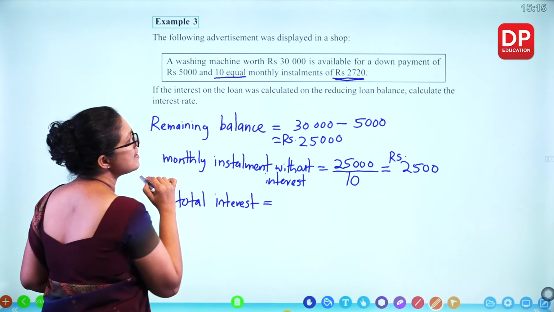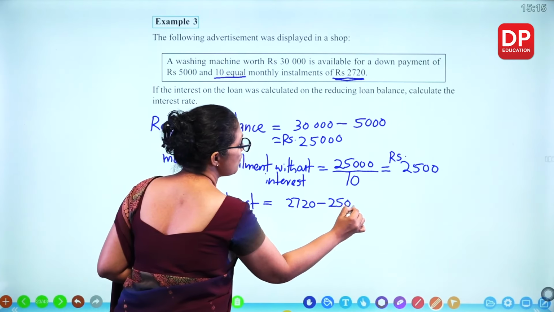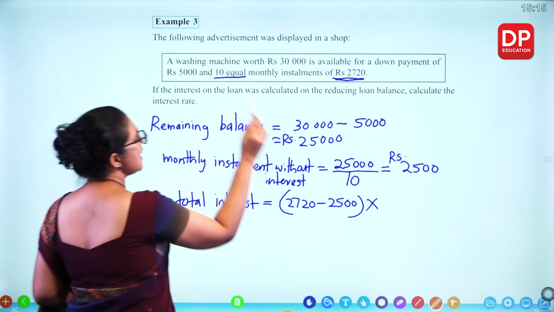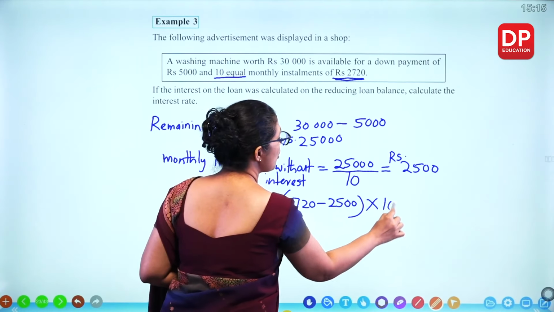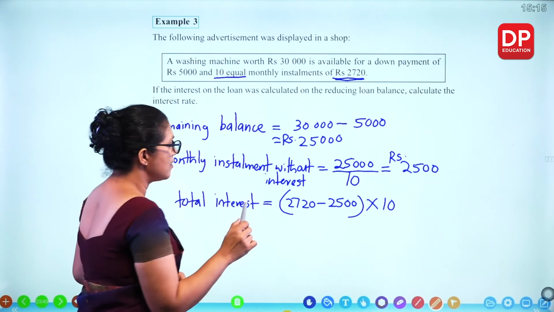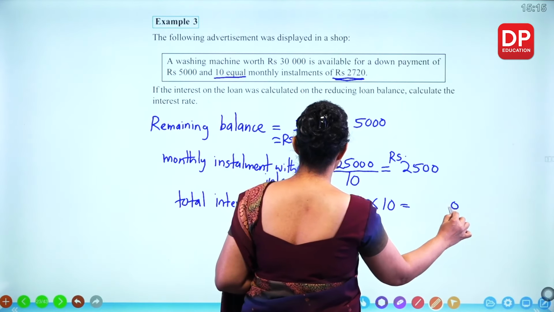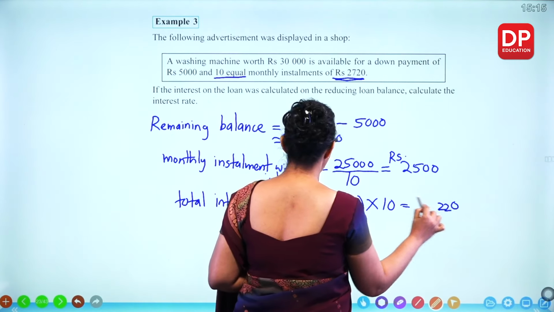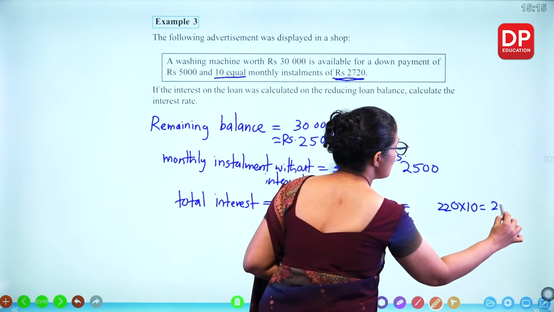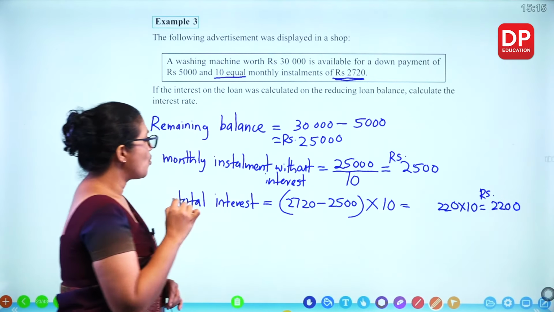Total interest is the difference between this and 2,500, multiplied by 10, because you are paying 10 equal installments. So what's the value? You get 220 multiplied by 10. So 2,200 rupees as the total interest.